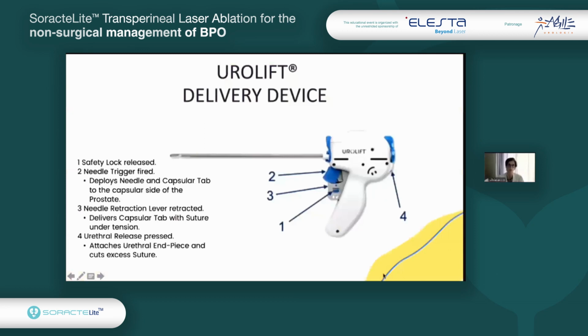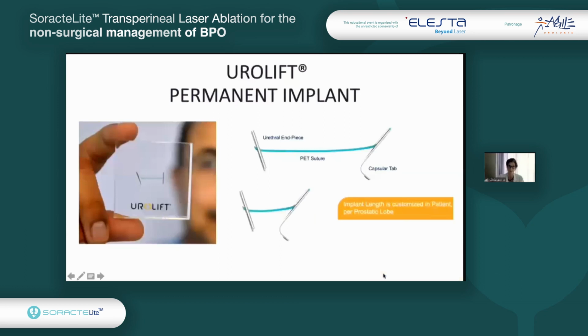The Urolift system has two main components. The first one is the device. There's a picture of it, and as you can see, there's a safety lock button, and the other buttons, number 2 and 3, help us to release the needle and also the implant.